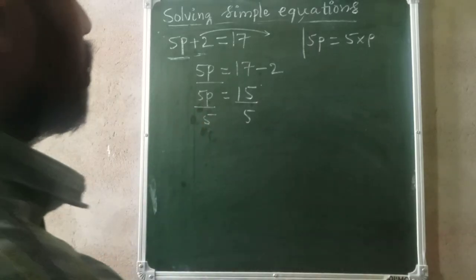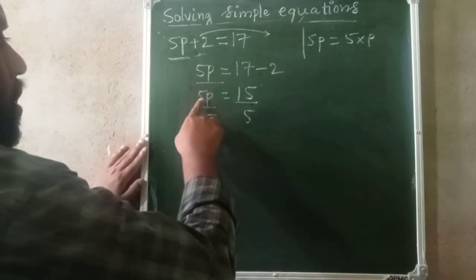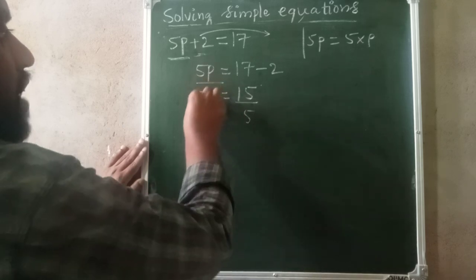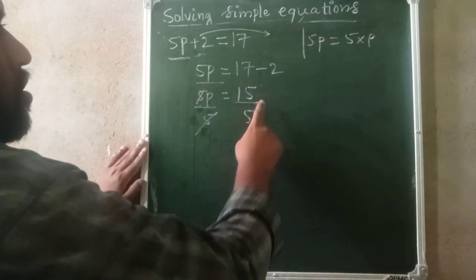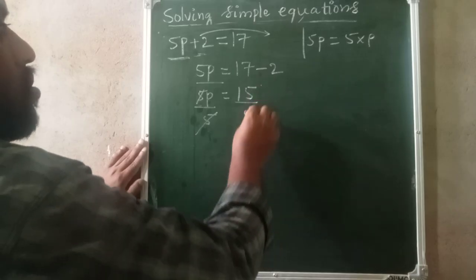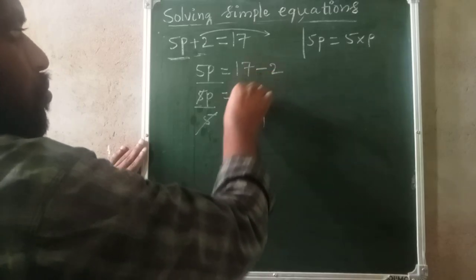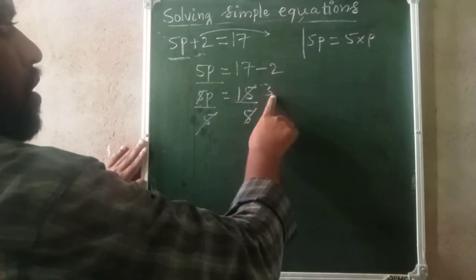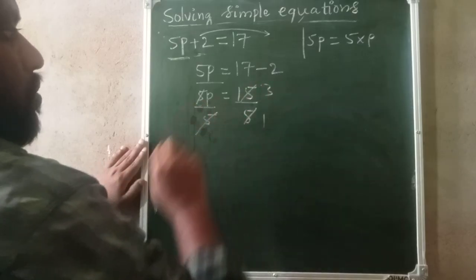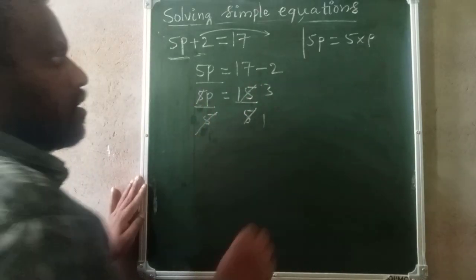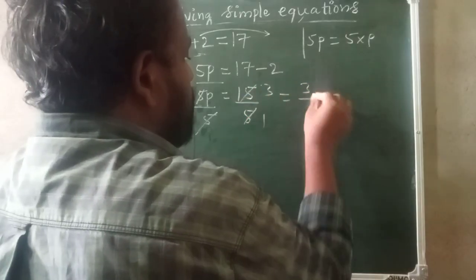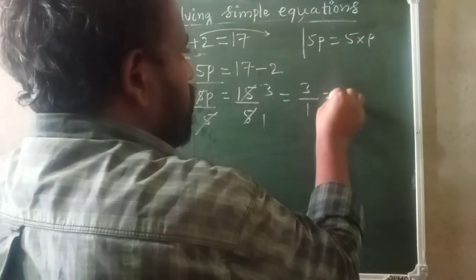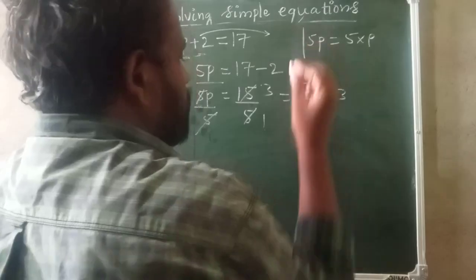Now 5 and 5 are the same, so I can cancel it. 15 divided by 5: 5 ones are 5, 5 threes are 15. So you can divide like that. Now what is left? 3 by 1, and 3 by 1 is 3.